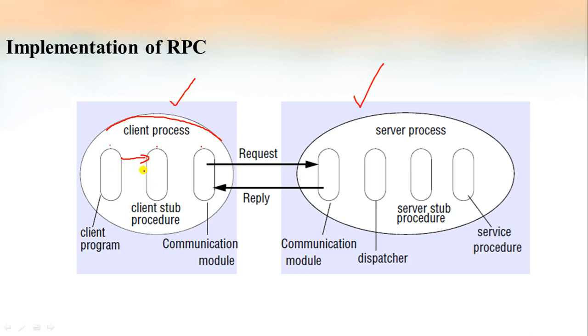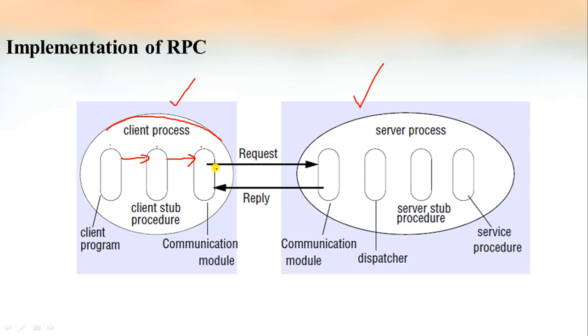Marshalling of data means it will be converted into some standard external representation. So the client stub procedure will marshal this request message from the client program, and this marshaled message will be forwarded to the communication module in the client process.